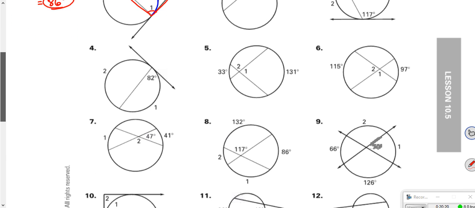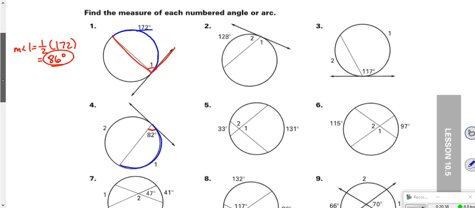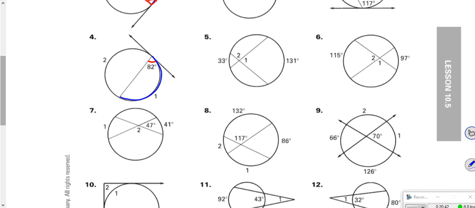Number 4, same kind of deal, only this 82 is for here, and we are trying to find the measure of arc 1. Let me back up. It says find the measure of each numbered angle or arc, so we've got to find number 1 and number 2.